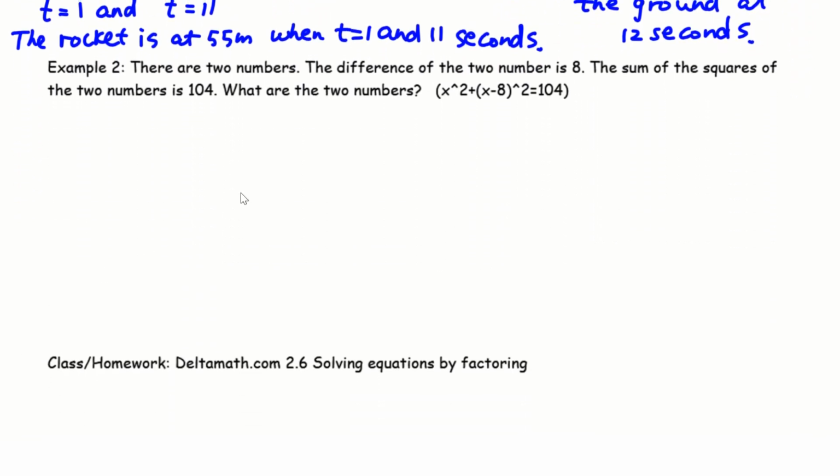In grade 10 academic math, you are not going to be asked to set up equations for quadratic functions. So the equation is given here, and I will explain. x equals one of the numbers. We could say the smaller number of the two numbers.